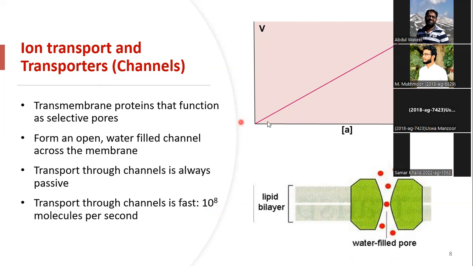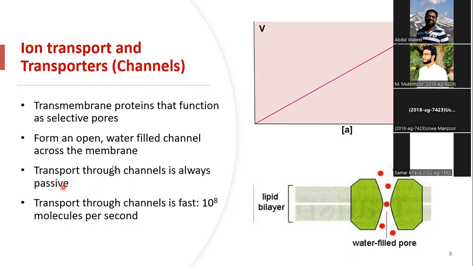And another thing is that there is a steep increase in the flow. So when you enhance the concentration of those solutes in the solution, then of course the movement will be linearly enhanced, because there is no attachment of the molecule with the protein.